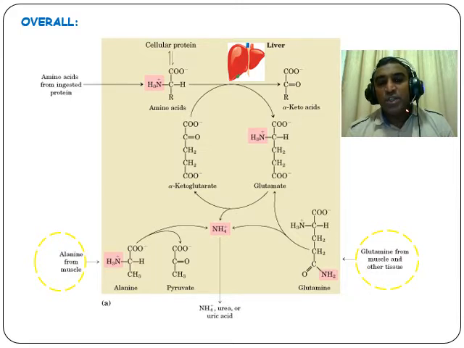Shown also is what happens in the liver, where cellular protein, through transcription and translation, and also from diet, is found, and that free amino acid, through two successive reactions, will bring out the keto acid, the carbon skeleton of the amino acid, as well as the free ammonium, which needs to be detoxified using the urea cycle.